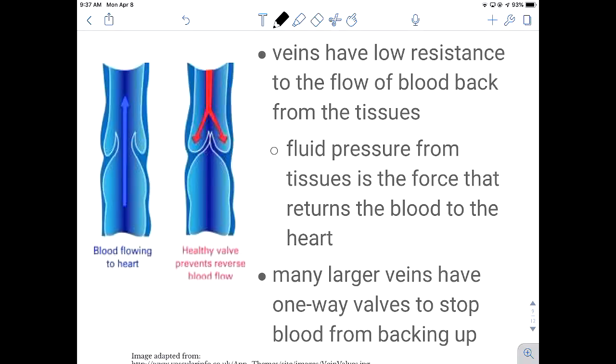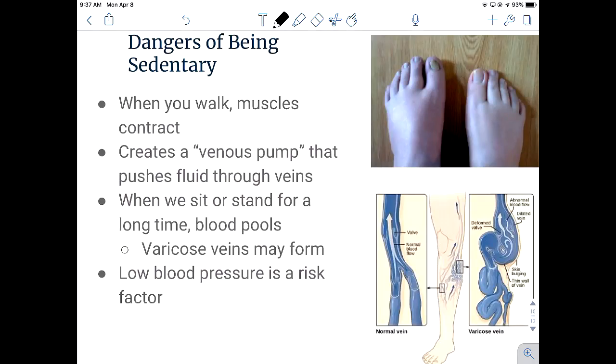So one of the things that we do is that as we walk around, our movement actually pushes blood around. And so if we are too sedentary in our lives, we can actually end up pooling blood, especially if your veins and arteries are not in good condition. And just moving, this is one of those things where everybody should go for a 15-minute walk every day or something.